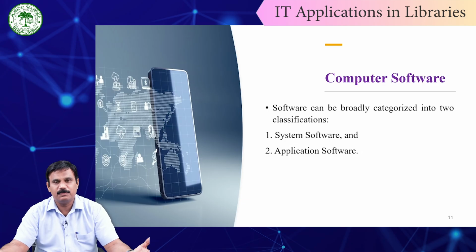Then application software is software that performs a specific task for users and is designed to help them accomplish a particular task. Okay. The next is the application software. Application software performs a specific task for users and is designed to help them accomplish a particular goal.